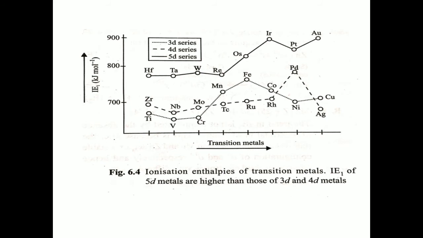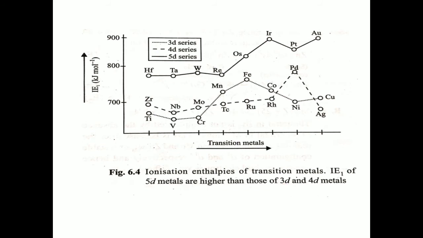What is lanthanide contraction? It is a greater decrease in the atomic radii or ionic radii of an atom. So due to lanthanide contraction, the atomic sizes of 5D series elements are very small, so the energy required to remove an electron from the outermost level of the atom will be more.